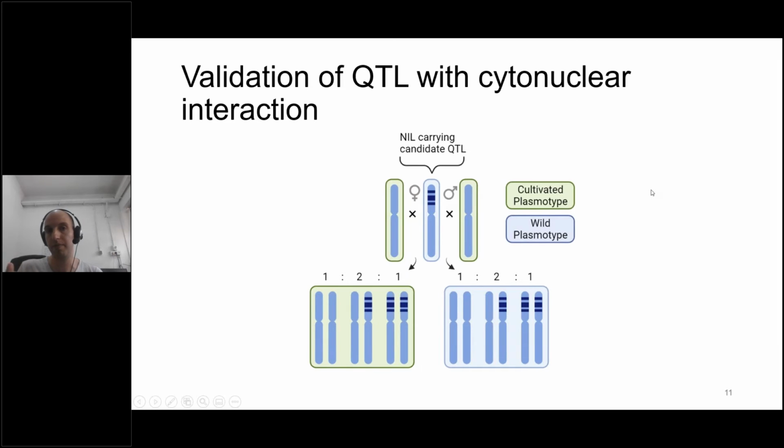And of course, a very important step once we discover this kind of QTLs is to do the validation. And here the classical validation workflow is also a bit altered.